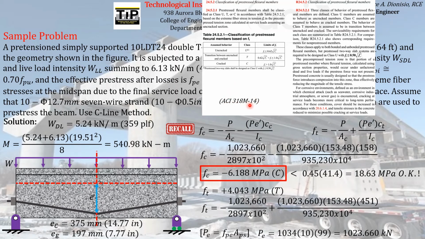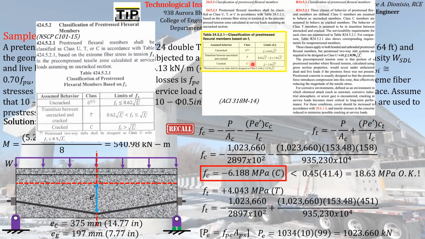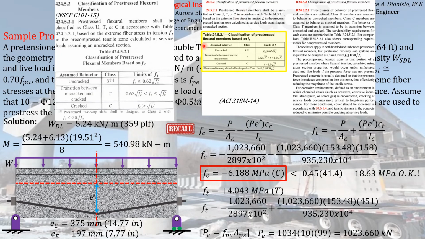again to ACI 318M-14 section 24.5.2.1, you can see this table here, and you can see a similar table and similar provision in our local code, NSCP 101-15. So again, what is specified on this table are the limits for us to be able to say that our concrete is already cracked, still uncracked, or transitioning from being uncracked to cracked.